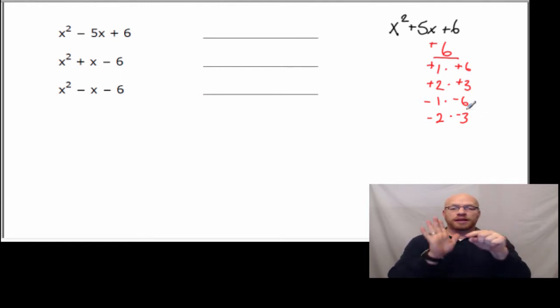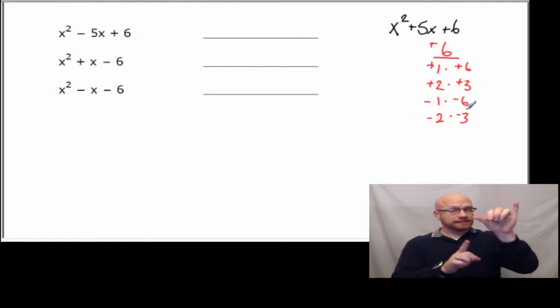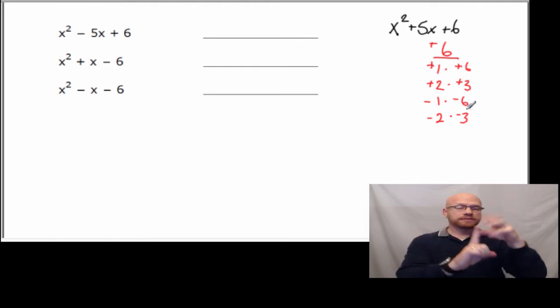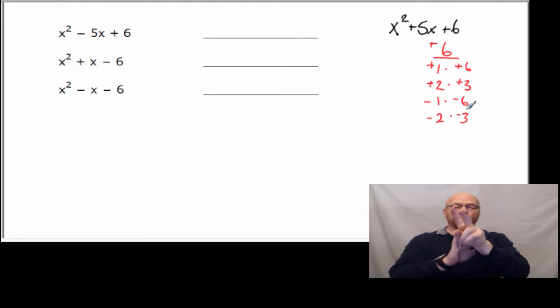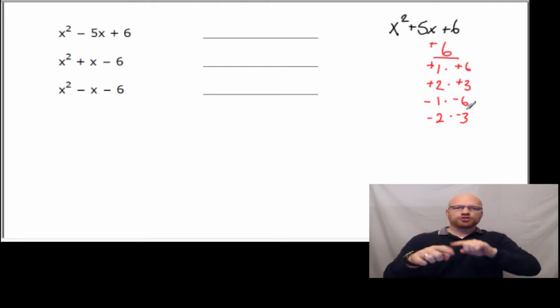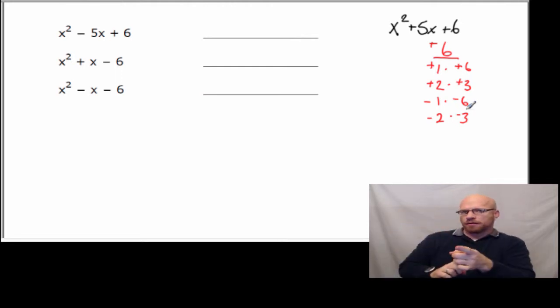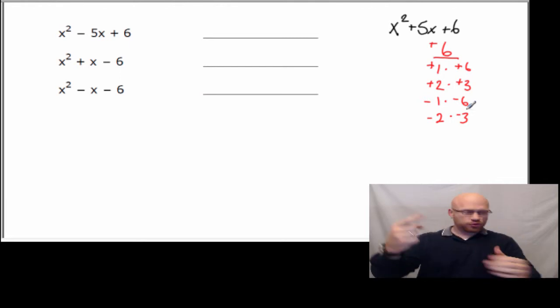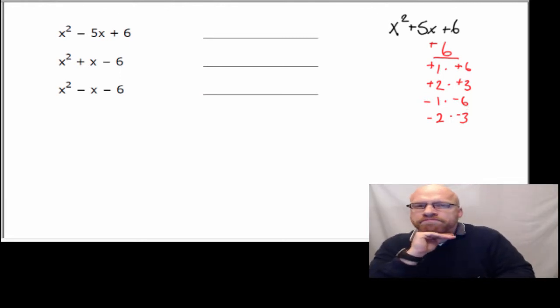Positive 1 times positive 6 equals positive 6. Positive 2 times positive 3. Now, negative 1 times negative 6 is a positive 6. And then we have negative 2 times negative 3 is a positive 6 as well. Now, these 4 pairs will help us answer these 3 examples, or at least the first one.